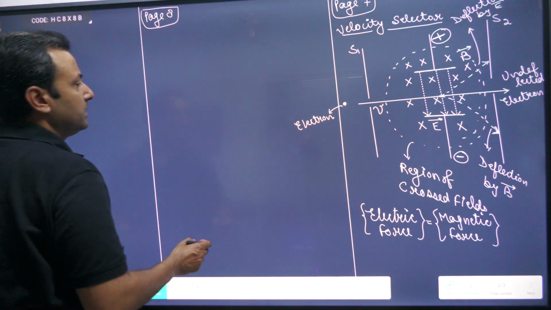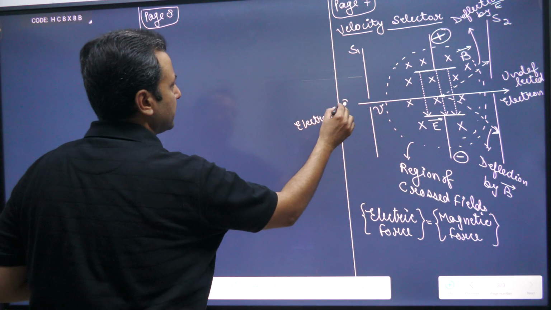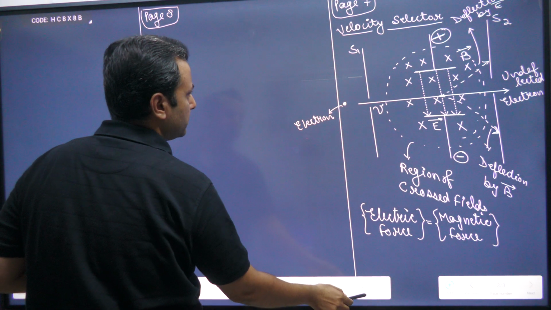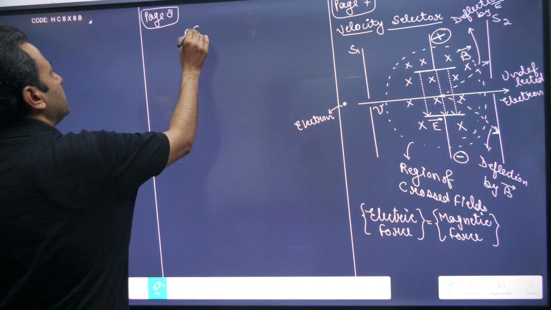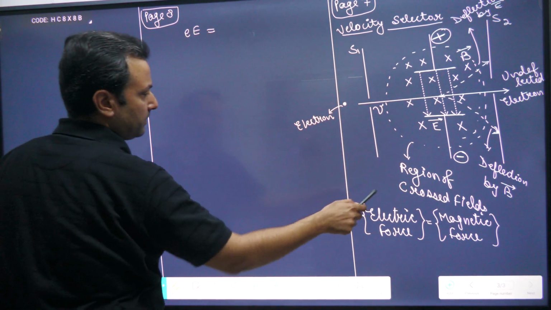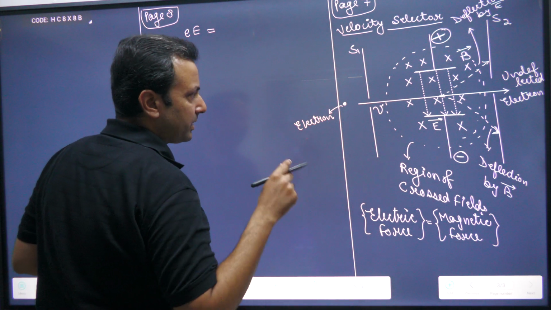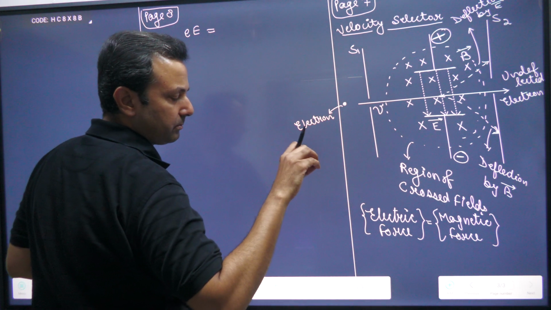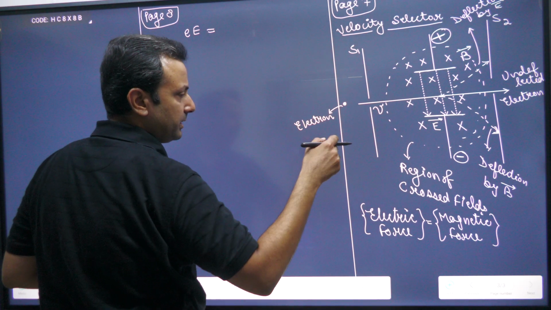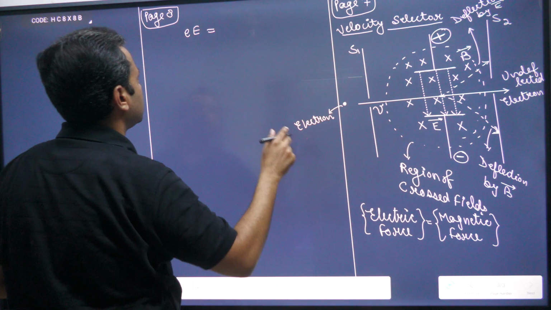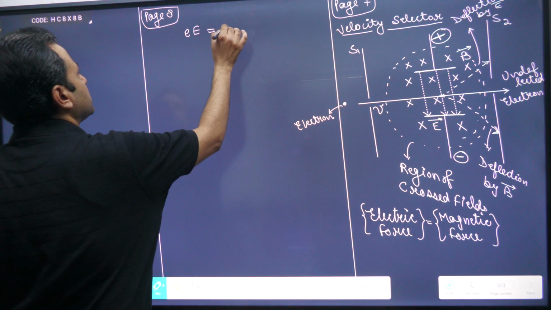Electric force is QE, and what is Q here? It is an electron. So the charge on an electron is small e. So it is eE. And the magnetic force, whenever the velocity of the charged particle and the magnetic field are perpendicular to each other, is QVB.